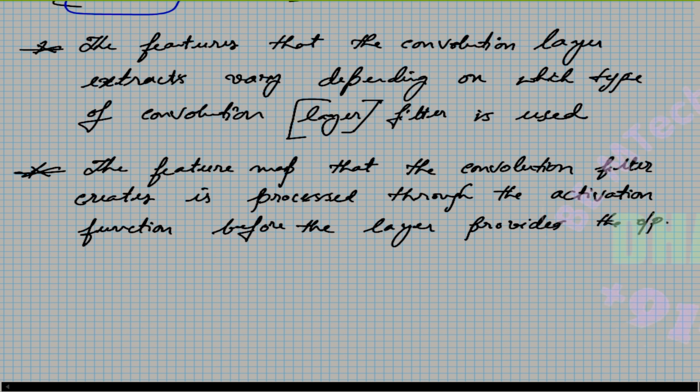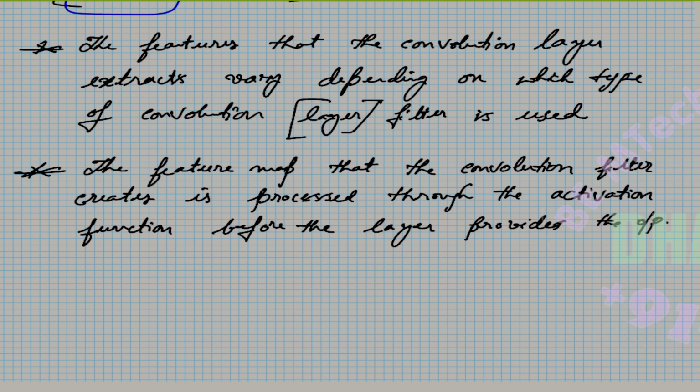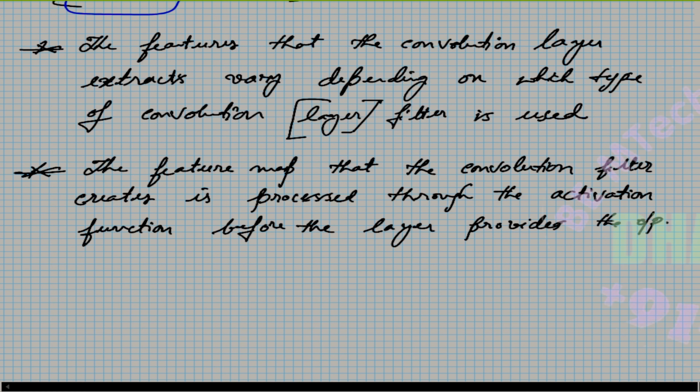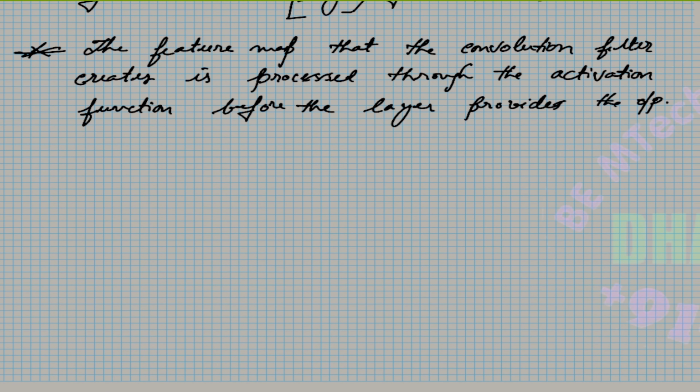So the activation function of this convolutional layer is identical to that of any ordinary neural network. Any function that we use can be used here, but specifically the ReLU is the most preferred one in the recent applications.